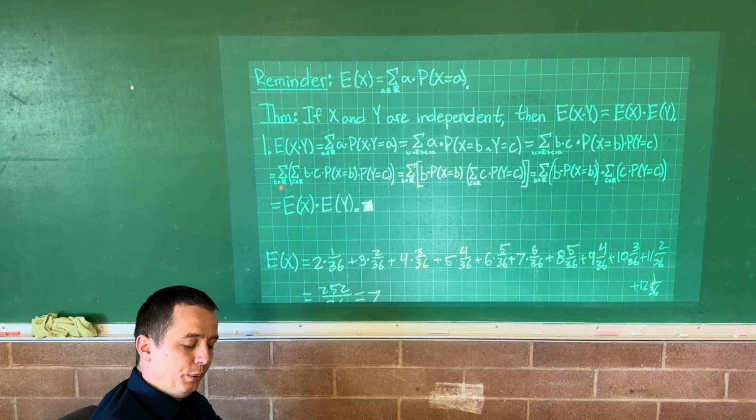So we're looping over all our b's out here. And then inside this inner sum, b is now chosen to be a particular number. Right. And we now find the c's such that this is true. So inside this inner sum, b is a constant, and the probability that x is equal to b is a constant. So we can pull those out of the inner sum. So going from here to here is just factoring out the b and the probability that x is equal to b from the inner sum.